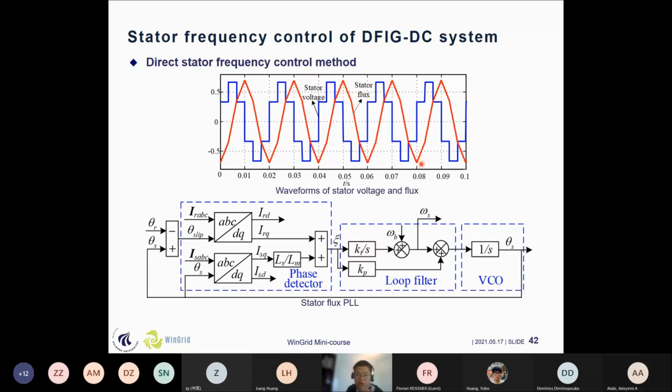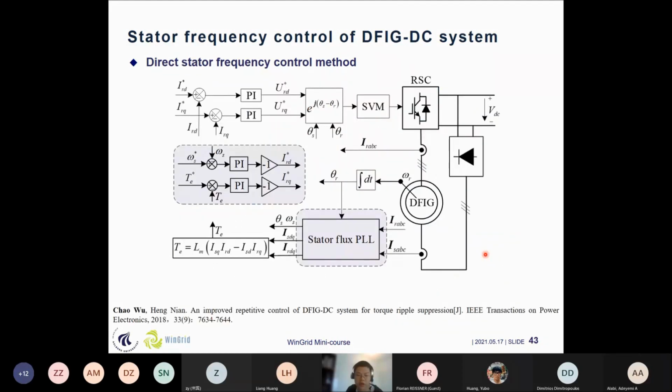So why don't we use the stator flux as the PLL input to acquire the frequency and the angle? Based on this topology, we get this control structure using the direct stator frequency control method, and the details can be seen in these papers.